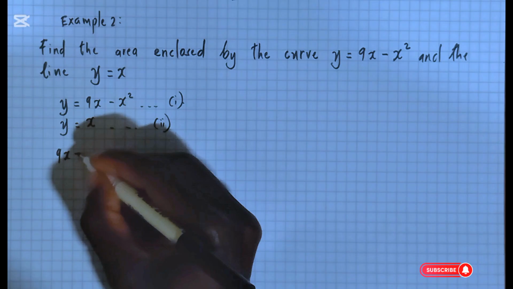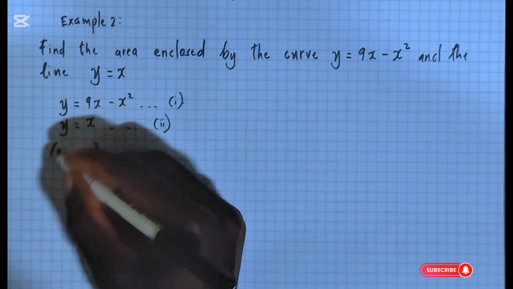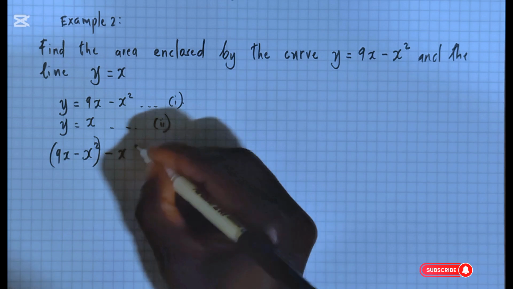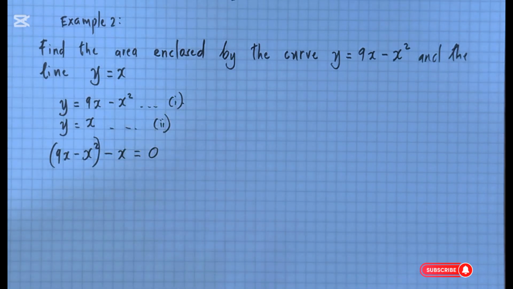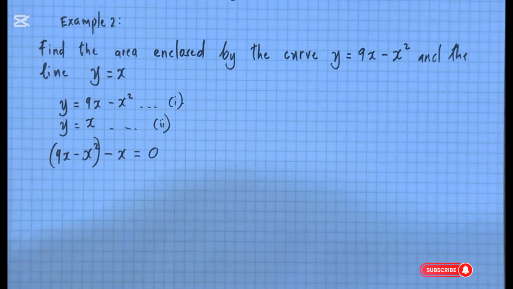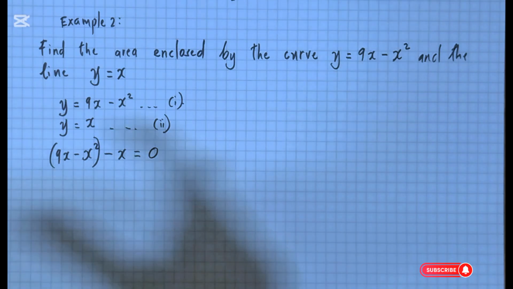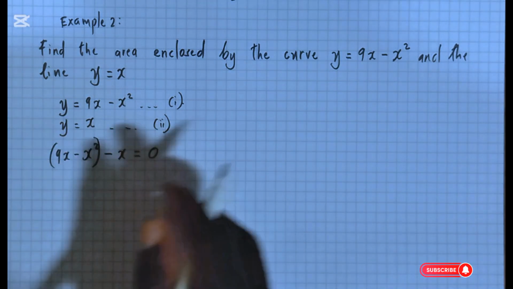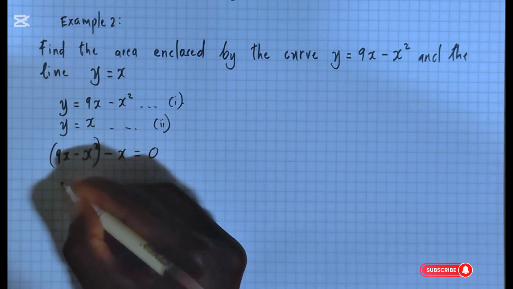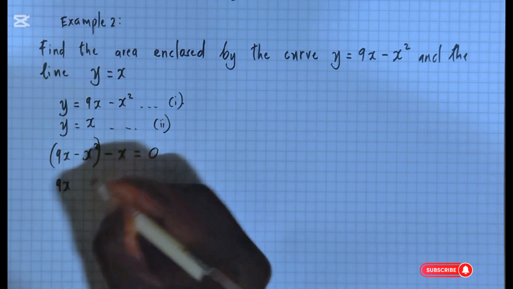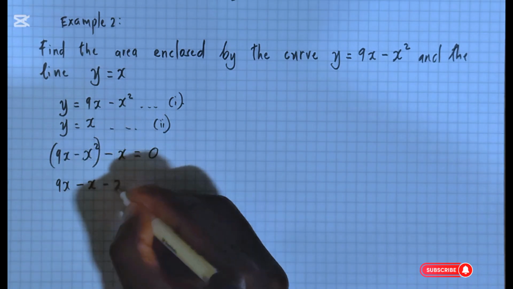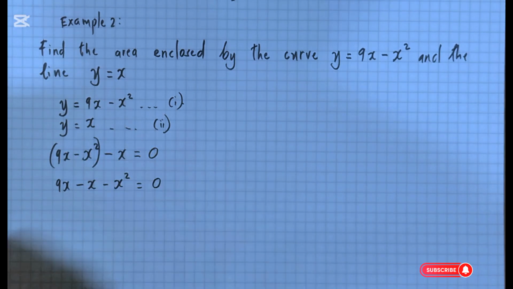So if I take 9x minus x squared for equation 1, minus, of course, x, I'm supposed to get 0, because all of them are y, and y minus y will give us 0. When we open our brackets, we have 9x minus x, and when you collect your like terms, minus x squared equals 0.